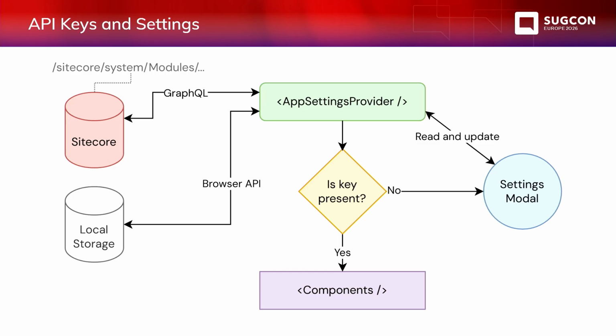So instead, at the moment, I store some sensitive information in Sitecore items, using GraphQL. Maybe you've heard that Sitecore is planning to release some configuration storage or key-value storage for those kinds of things, but at the moment it's probably the best solution we have. And less sensitive information or just user-specific information goes into browser local storage.